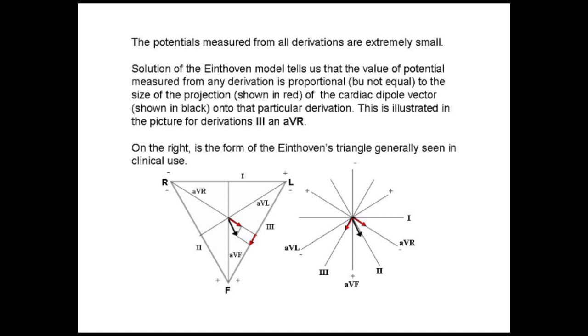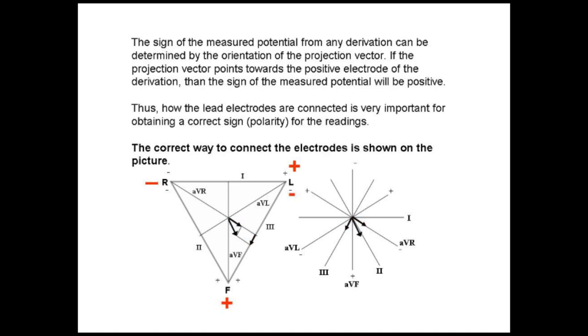So it's important how you connect those electrodes. If you switch the polarity of the electrodes, then instead of a negative potential, you'll end up with a positive potential. In order to avoid this confusion, you have to connect the electrodes properly. In this graph, you can see the proper way to connect electrodes to the patient.